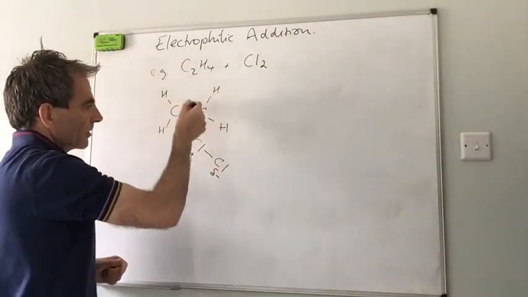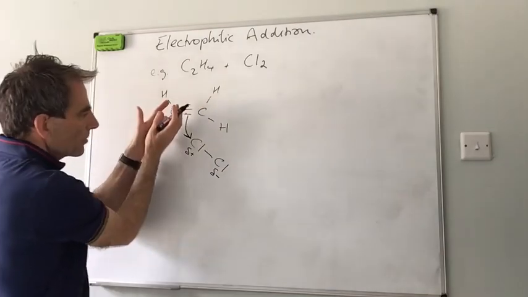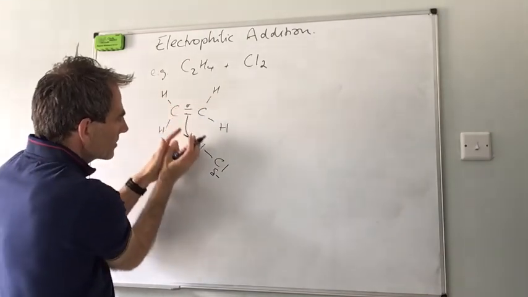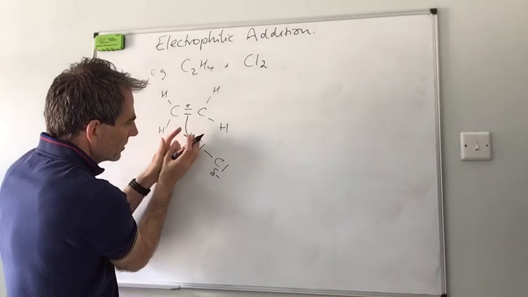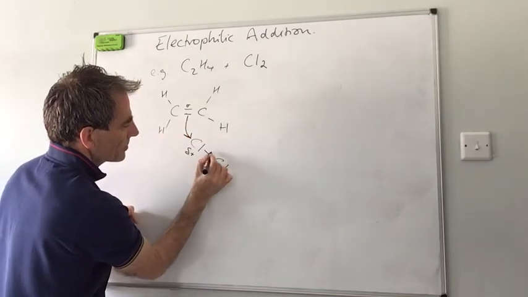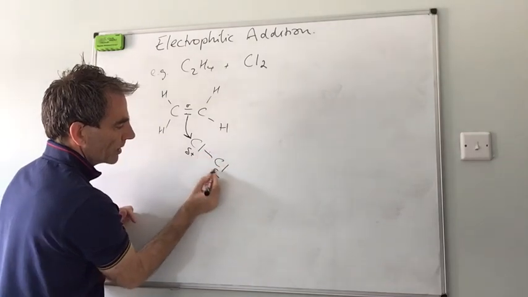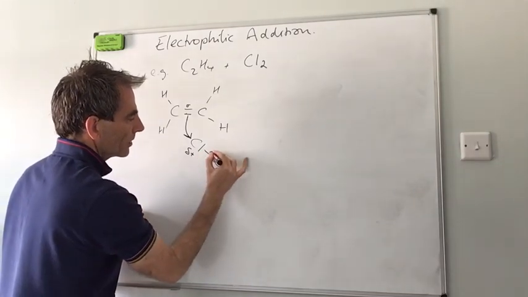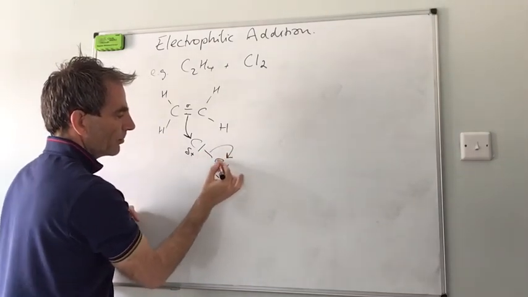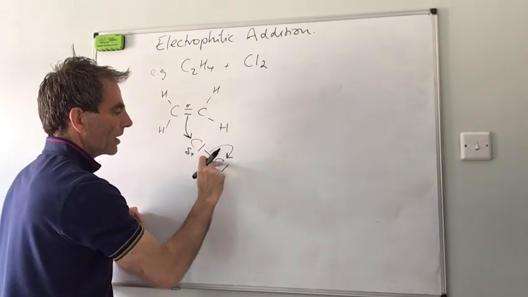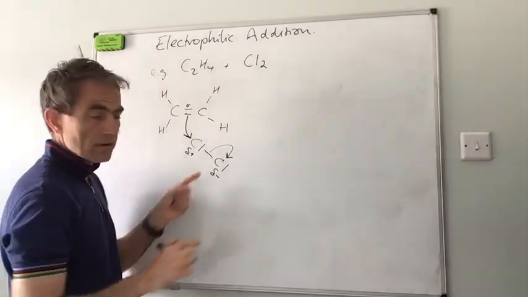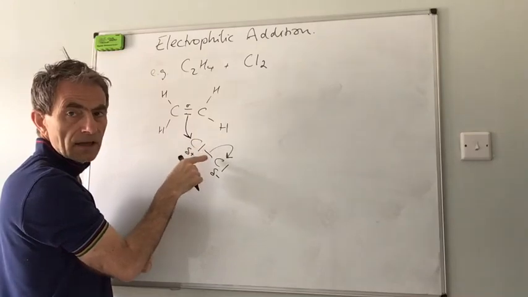Okay, so that's the first thing that happens. So we've now got electron density much closer to this. What that's going to do is repel the pair of electrons in this bond that are already sitting closer to this chlorine. They're going to repel them completely onto that chlorine atom there. And that's going to break this covalent bond here.